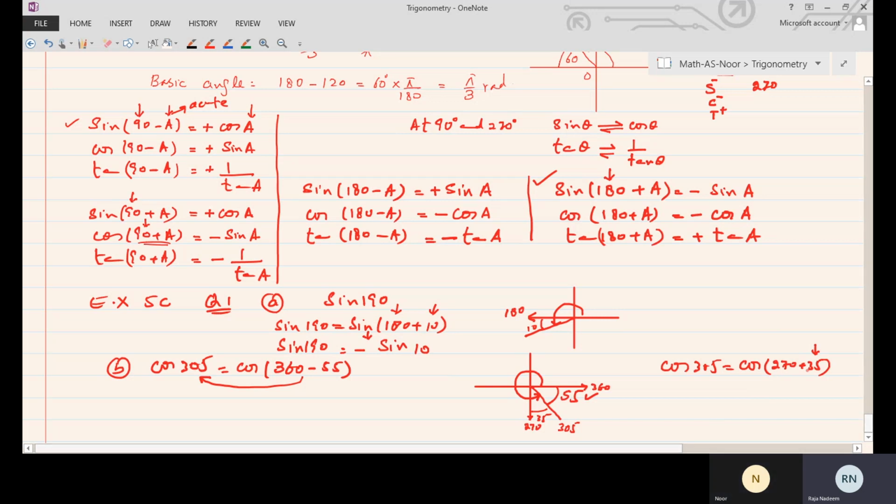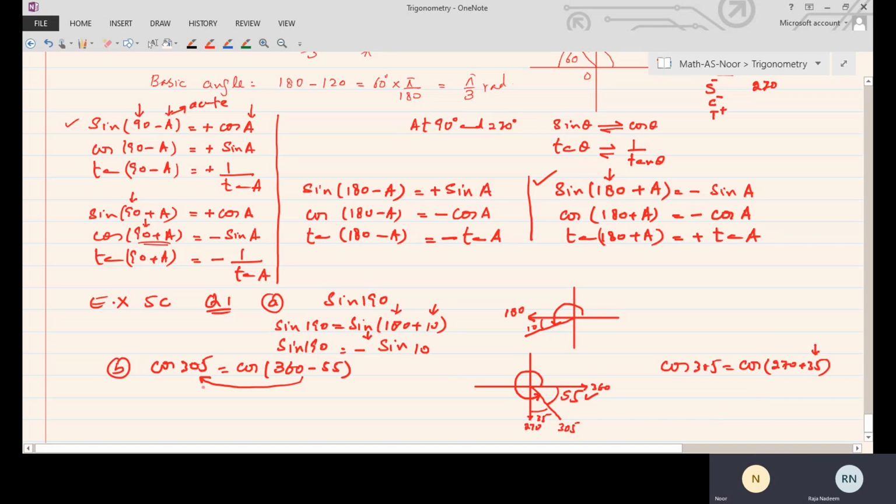A basic angle is an angle which is acute and along the x-axis. So every time and in every part we'll find the basic angle with the x-axis.